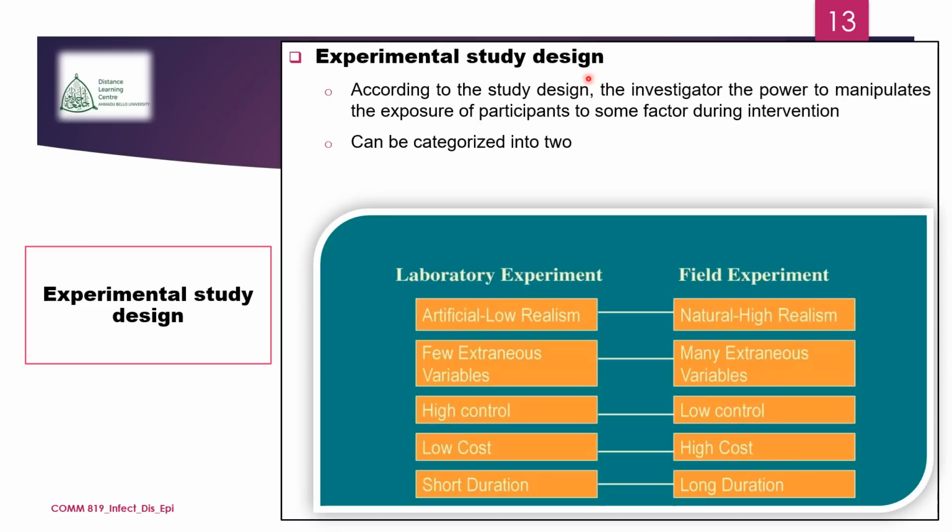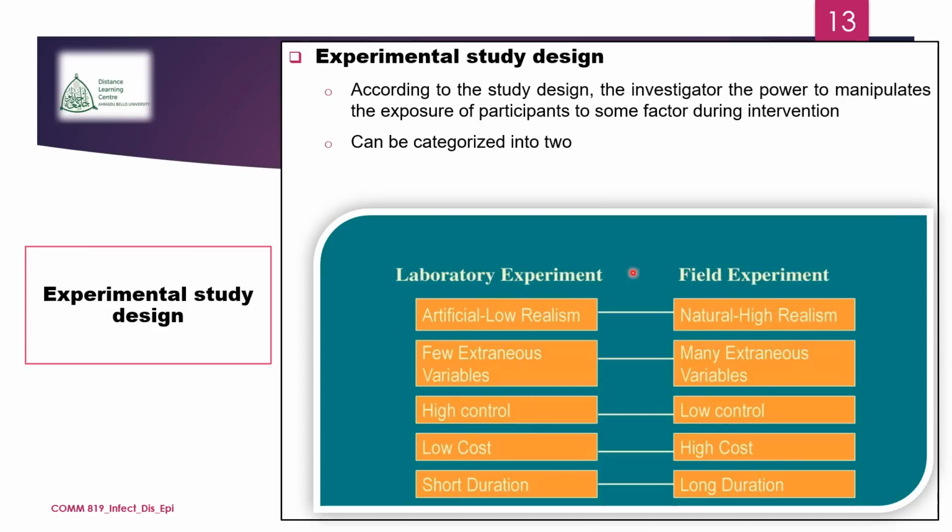So for the experimental study design, we said the investigator has the power to manipulate the exposure of participants to some factors during intervention. That is exactly what we stated earlier. And this experimental study design can be categorized into laboratory experiment or field experiment.